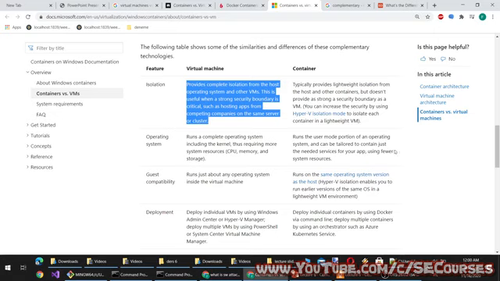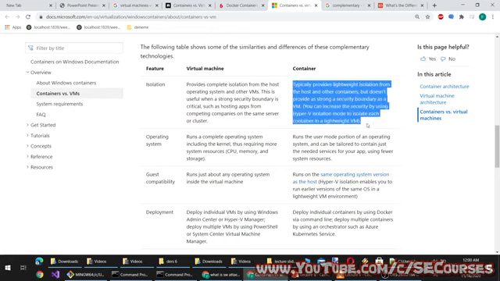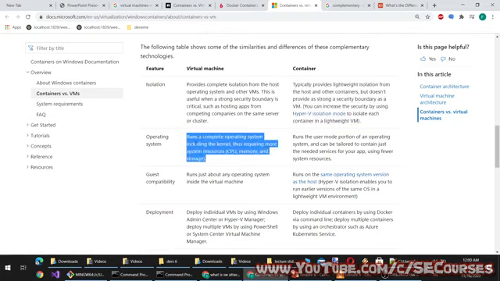This is useful when a strong security boundary is critical, such as hosting apps from competing companies on the same server or cluster. And containers typically provide lightweight isolation from the host and other containers, but don't provide as strong a security boundary as a VM. You can increase the security by using Hyper-V isolation mode to isolate each container in a lightweight VM.